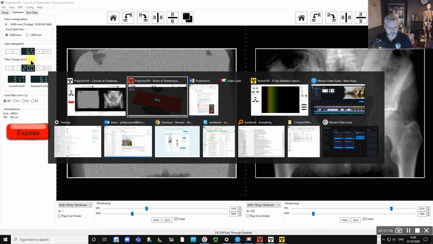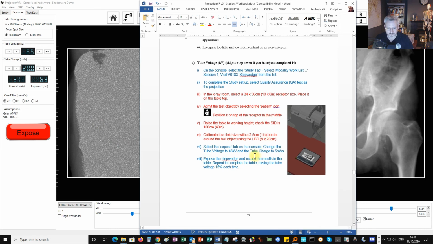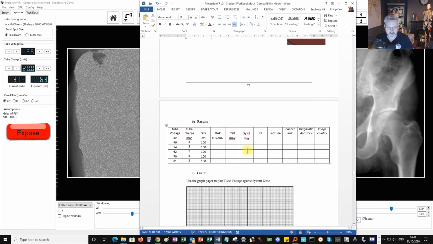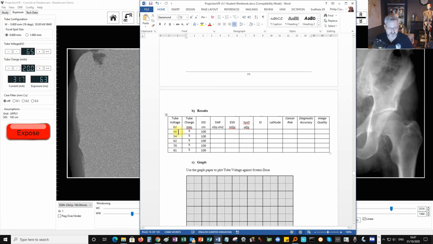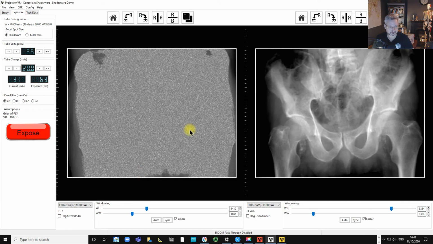And this time we're going to set off the exposures. So we start with 46,000 volts and then go up gradually with the same tube charge, 5 mAs, all the way through. So 46 and a tube charge of 5.